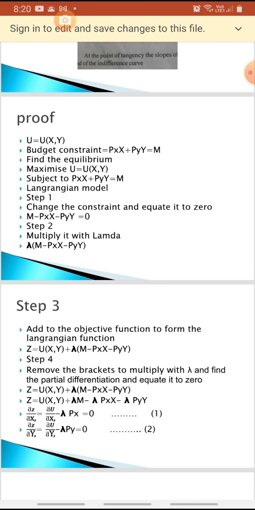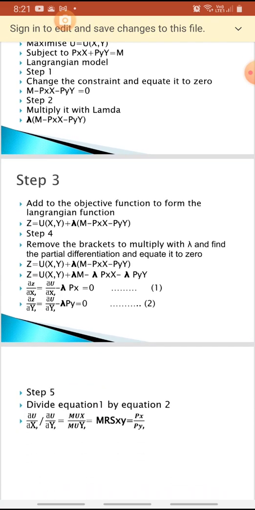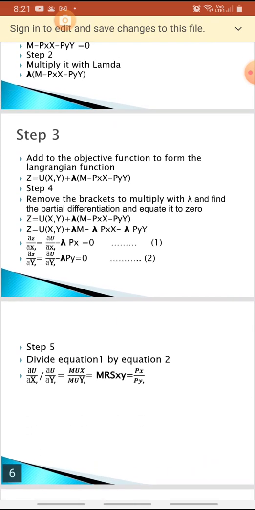Second step under the Lagrangian multiplier is we have to multiply the constraint function with lambda. So lambda into m minus Px x minus Py y. Step 3, we have to add this to the objective function to form a Lagrangian function.